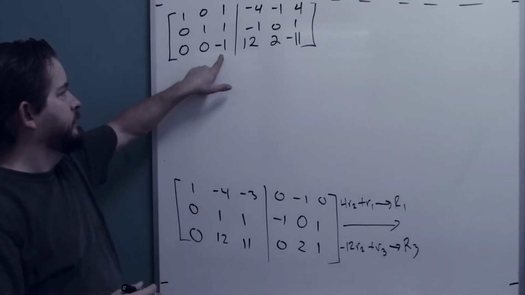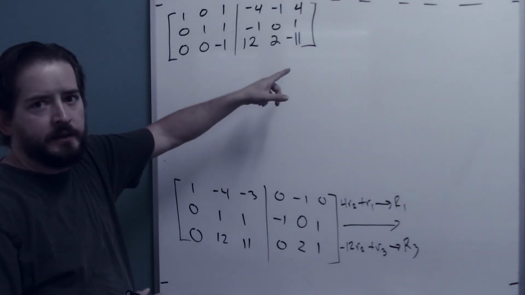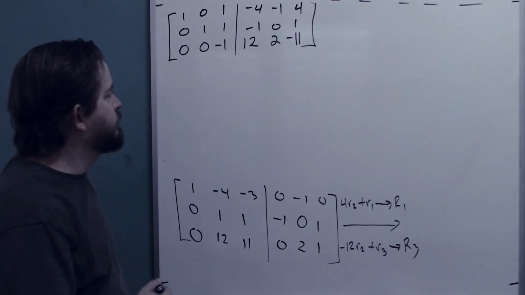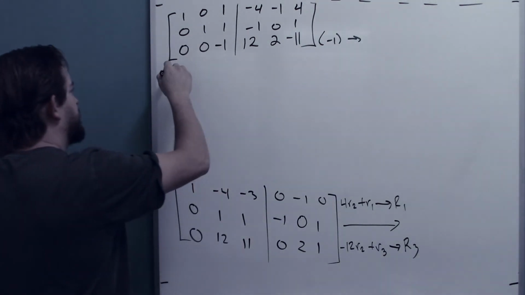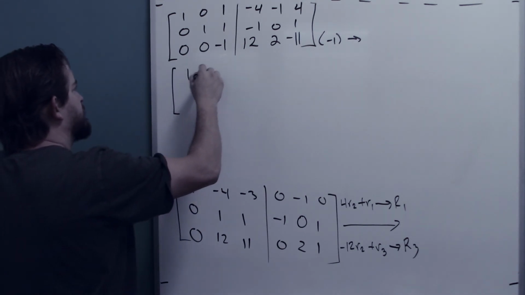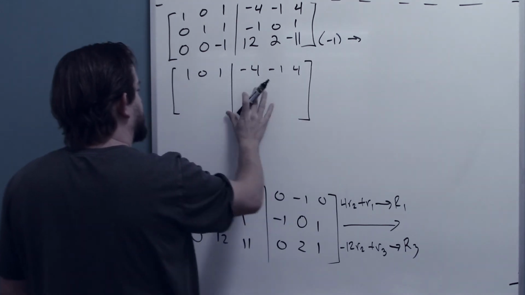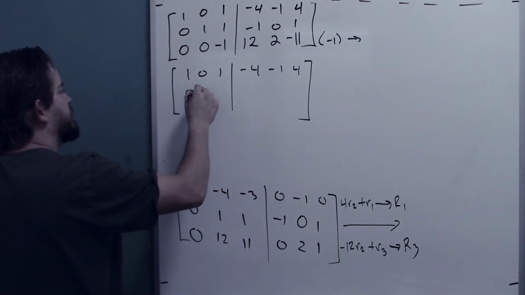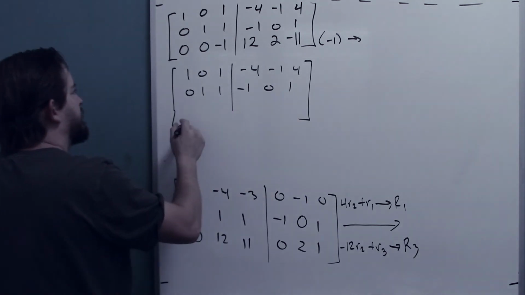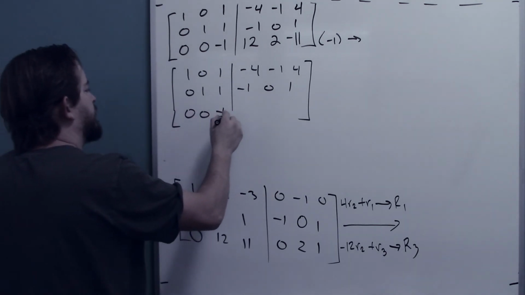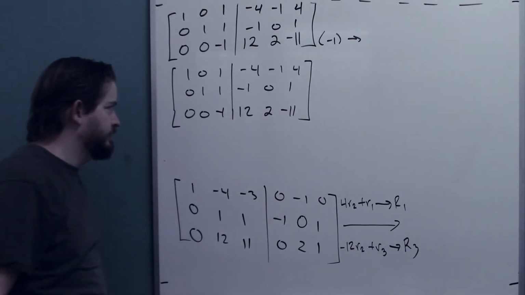Now, I can quick and easy get a positive 1 here just by multiplying the bottom row by -1. So multiply this by -1, and that gives me still 1, 0, 1, -4, -1, 4, 0, 1, 1, -1, 0, 1, and 0, 0, -1, 12 to -11, right?